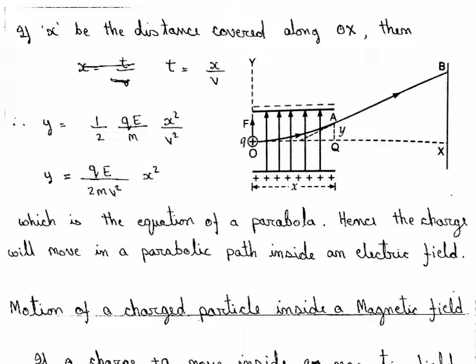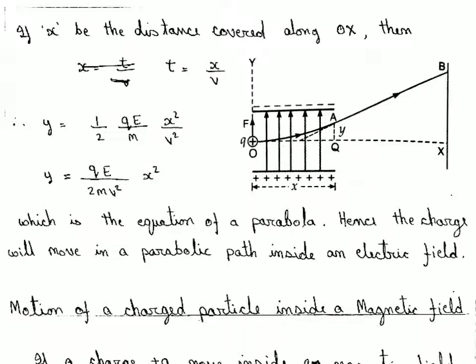Now remember, this v is constant since there's no acceleration along the OX direction. The velocity or the speed is constant. Remember, acceleration means the change in the velocity or change in the magnitude of velocity, which is the speed. Since it is moving with a constant velocity along the OX direction, this v is constant.